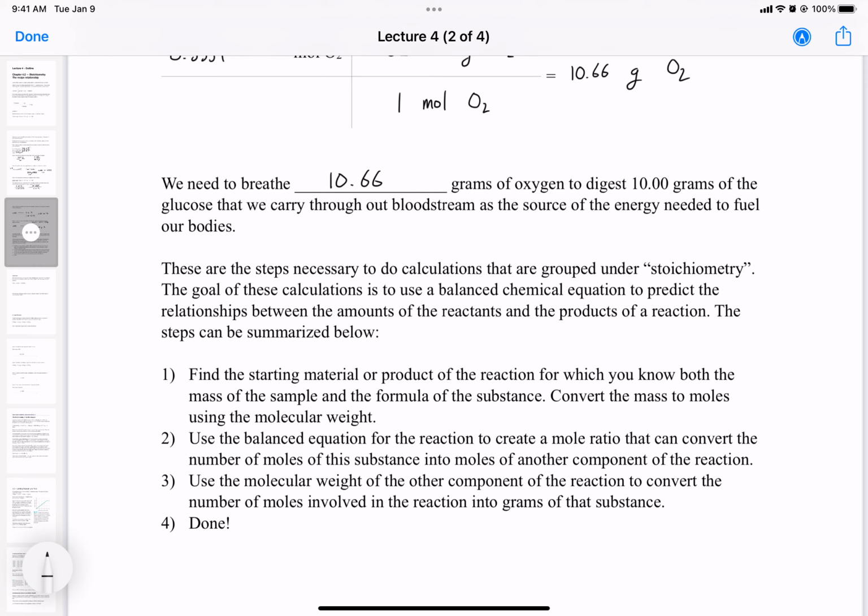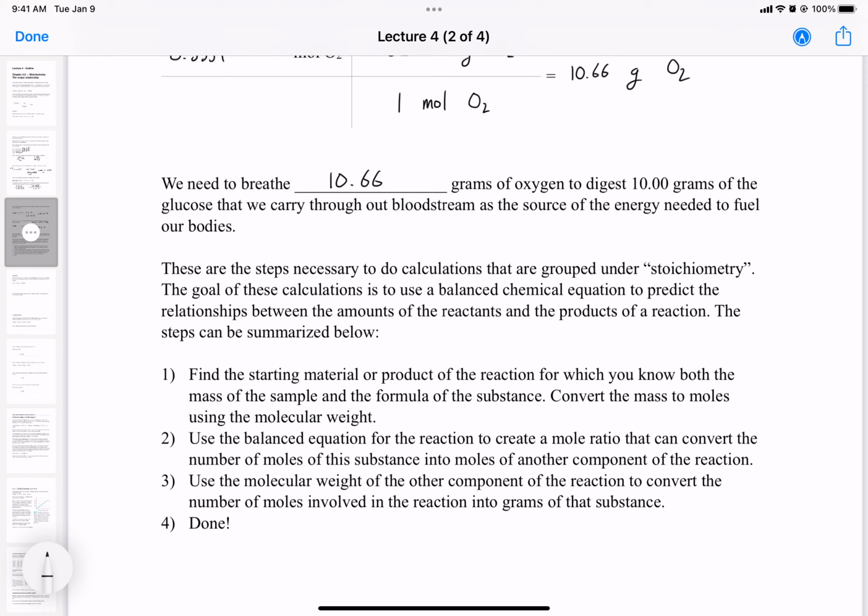So we'll usually give you the balanced chemical equation unless we ask you to write it. You may be responsible for translating a word sentence of a chemical reaction into a balanced chemical equation, where you have to write the symbols and balance the equation.